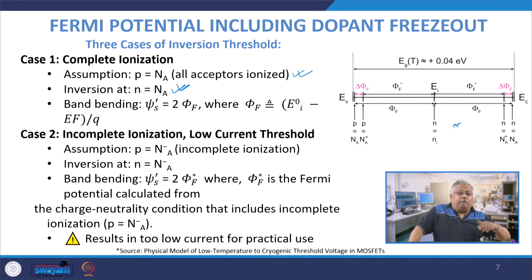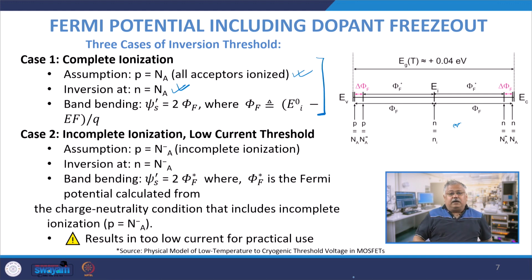Now, when you do a band bending, if you remember, the surface potential should be twice the Fermi potential. Why? Because one Fermi potential goes into depleting, and the other Fermi potential change makes your surface potential go to the value psi s. That is the reason complete ionization is a picture which is well defined and well known.